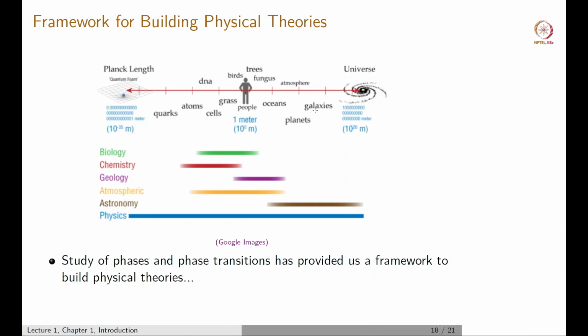So actually the study of phases and phase transitions gives us an answer to why we are able to start from one scale and study what comes at a larger scale in a very nice way. In fact, what we have learned here is a framework to build physical theories, and this goes by the name of Landau-Ginzburg-Wilson paradigm. So an important aspect that we'll cover in this course is to discover how we get the Landau-Ginzburg-Wilson paradigm.